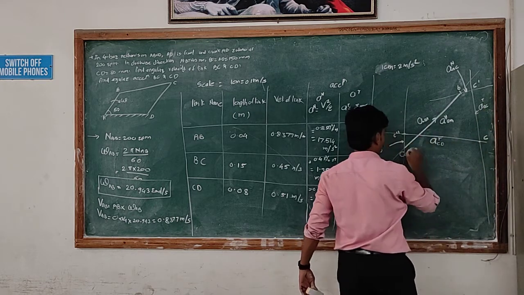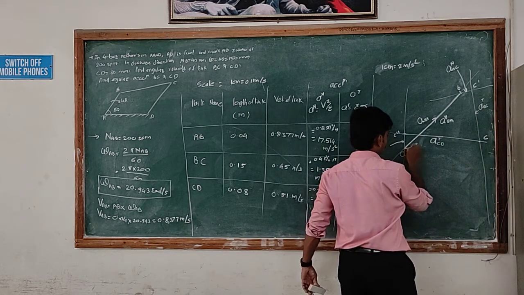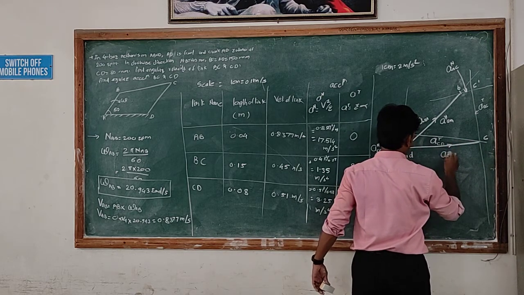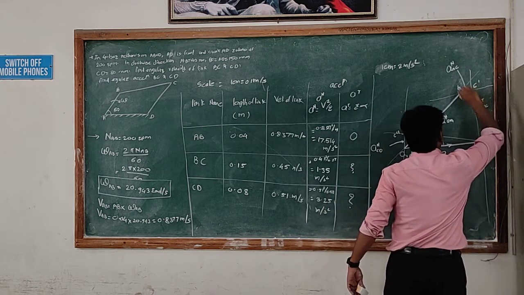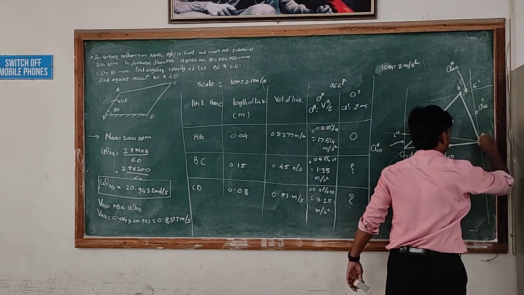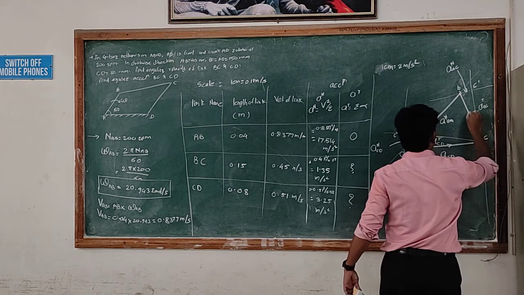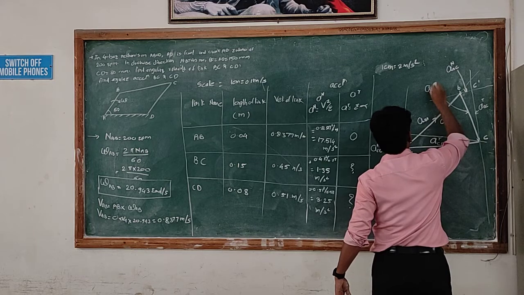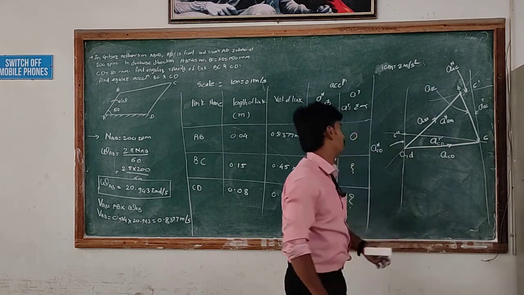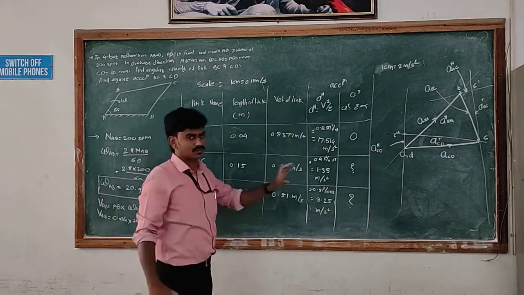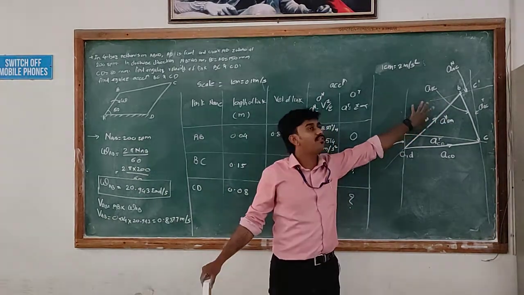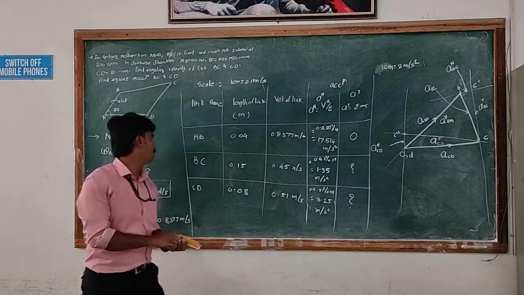Once we join it, this is the overall acceleration of the link CD, and this is the overall acceleration of the link BC. This is the velocity acceleration diagram for this mechanism.